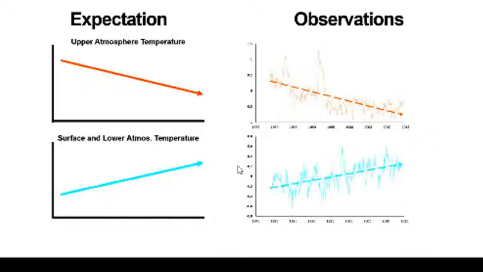But if it was because of sunlight and not man-made gases, then what you would expect is that the upper atmosphere would be warming and the lower atmosphere would be warming. That's what you would expect. In fact, what we see is the upper atmosphere is cooling, but the lower atmosphere is warming.